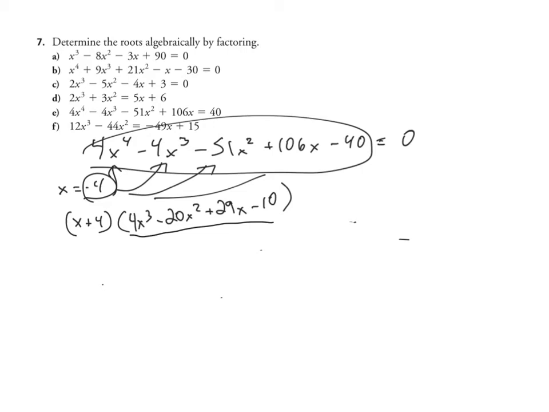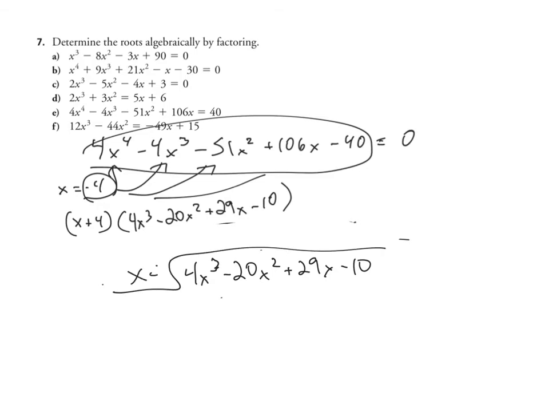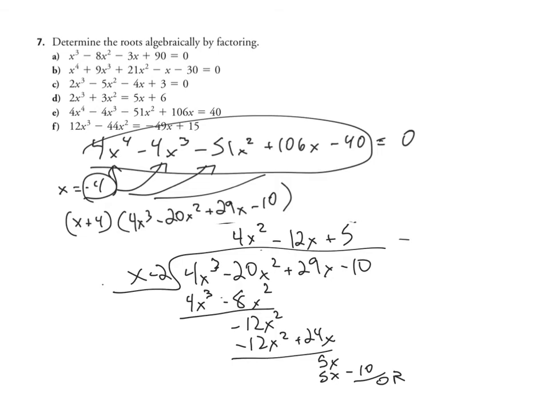Alright, so let me do the division. 4x to the 3 minus 20x squared plus 29x minus 10 divided by x minus 2. I won't make you guys wait through that. There you go.